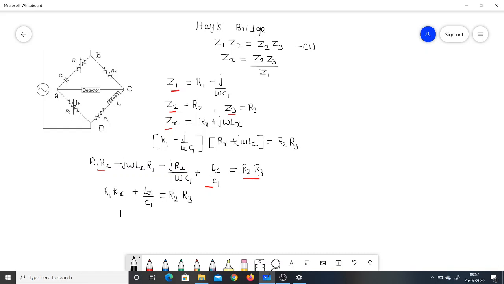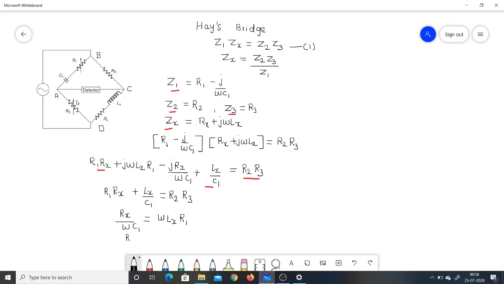That is going to give me Rx divided by omega C1 equal to omega Lx R1. So what is my Rx here?